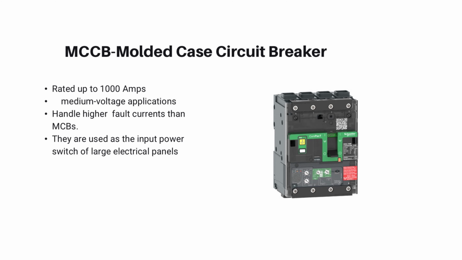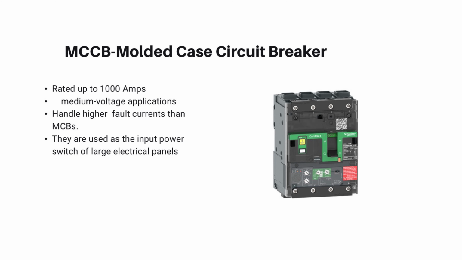MCCBs are usually for medium voltage applications and are capable of handling and interrupting higher fault currents than MCBs. They are used as the input power switch of large electrical panels. They come with adjustable trip settings, making them versatile for various applications.